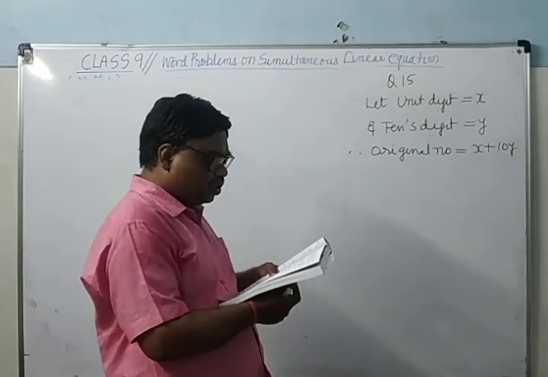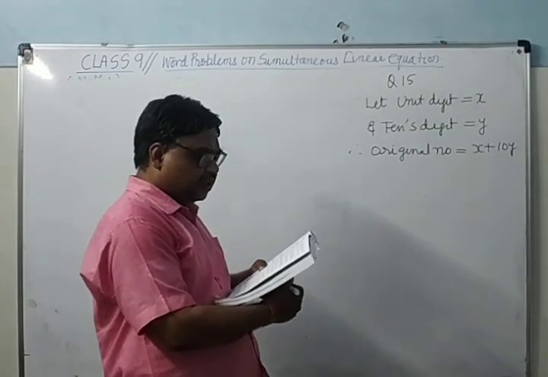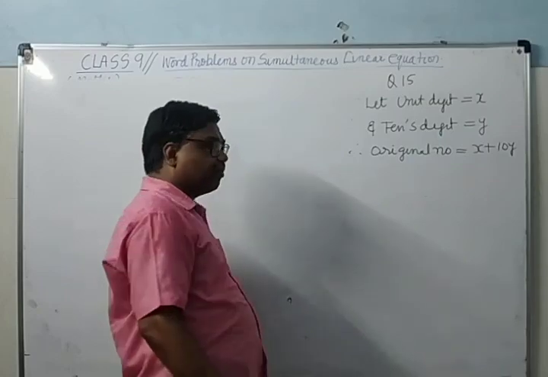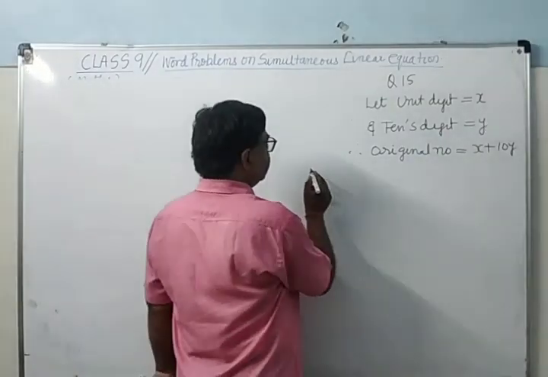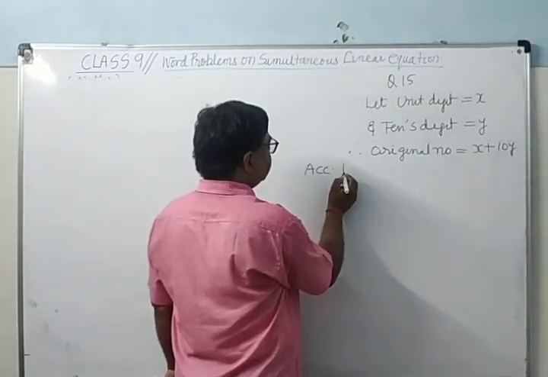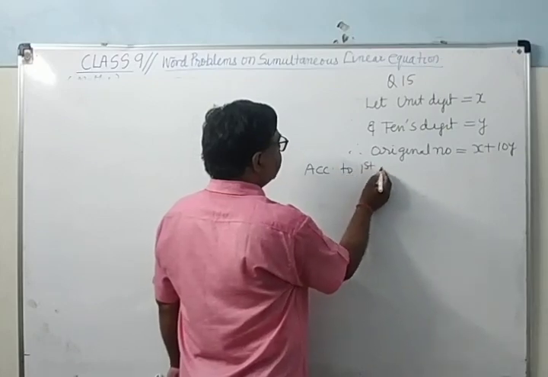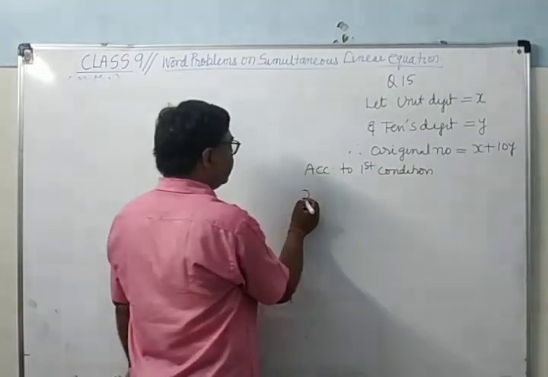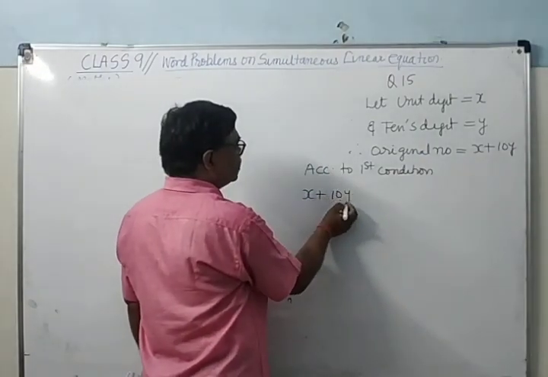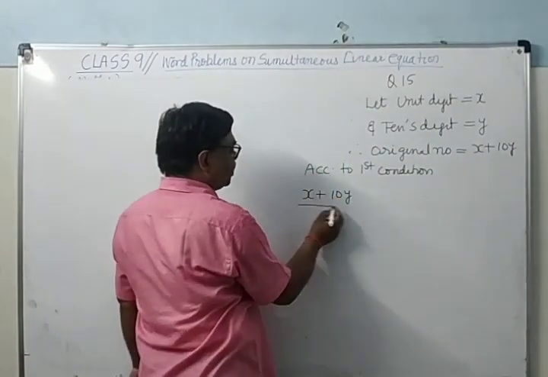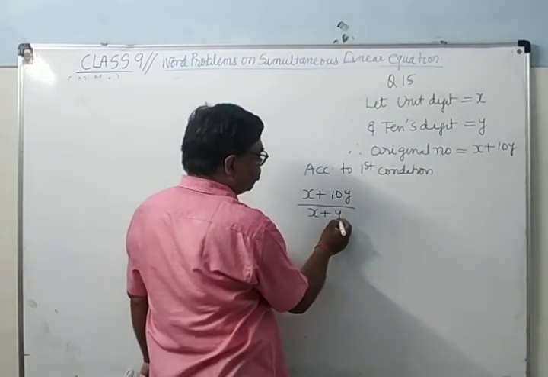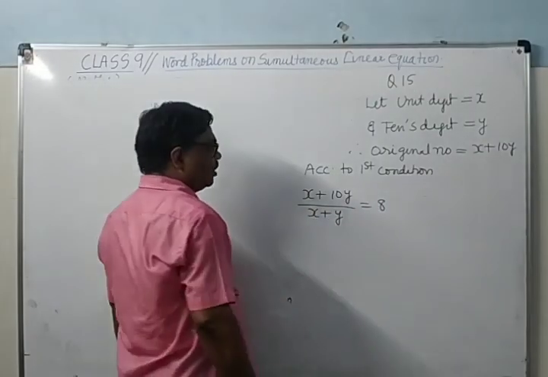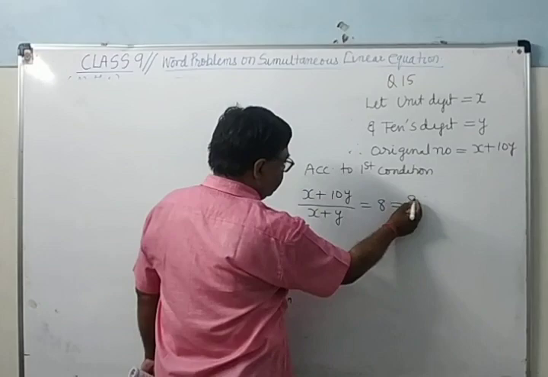So see here in the question number 15 it is said that when the two-digit number is divided by the sum of the digits, the quotient is 8. So according to first condition, when number is divided by the sum of the digits, what will be the sum of the digits? Sum of the digits is x plus y. What will you get? Quotient means 8. 8 means 8 upon 1.